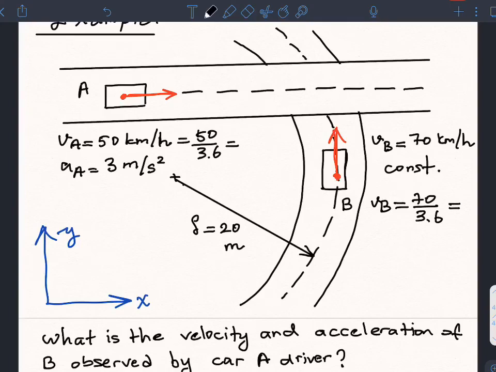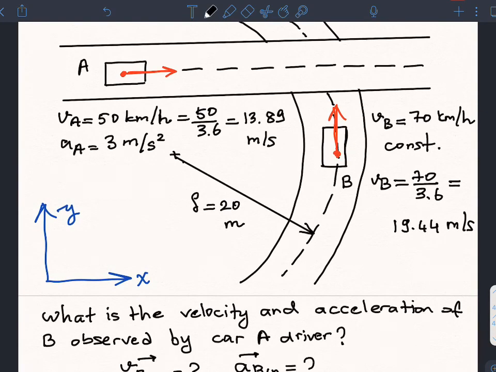Let's calculate those. So this is 13.89 meter per second, and this is 19.44 meter per second.